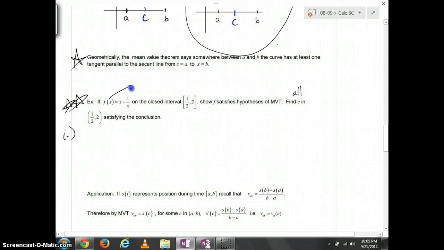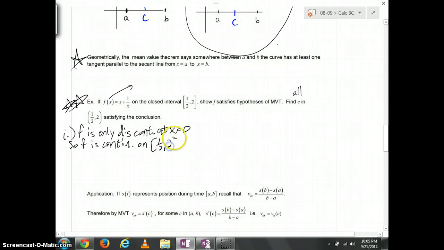Just want to make a quick comment. F is only discontinuous at x equals 0. So f is continuous on the closed interval. So that's our first condition. That's good.